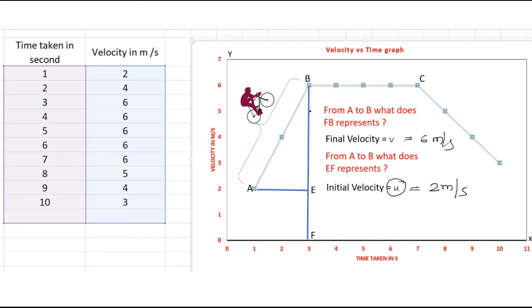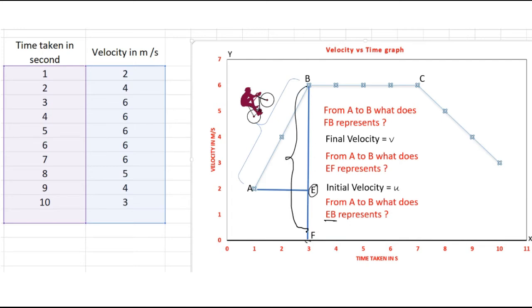Now what does the length from here to here represent? Not F to B, but E to B. EB is equal to FB total minus EF. And what is FB?